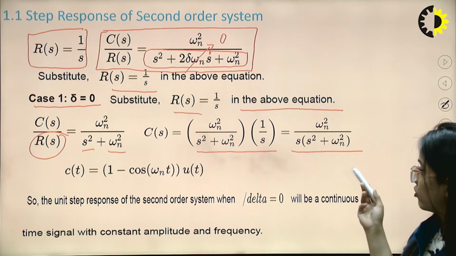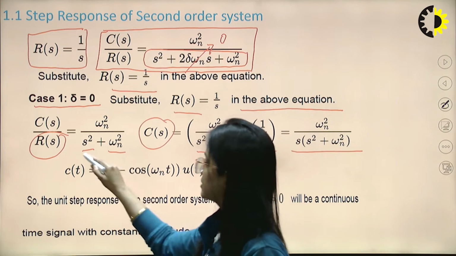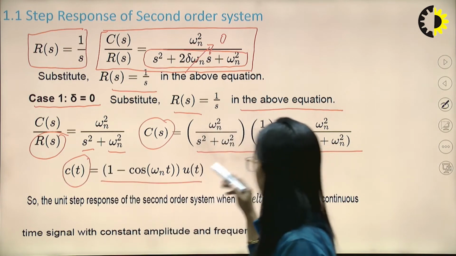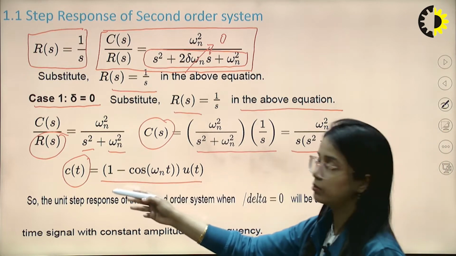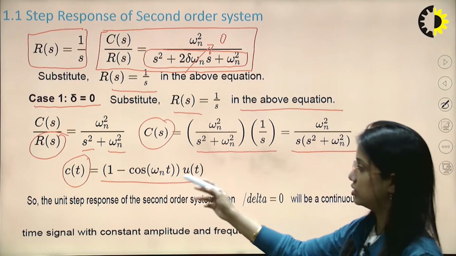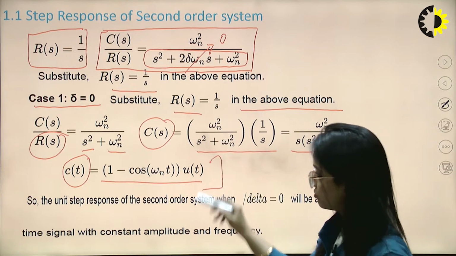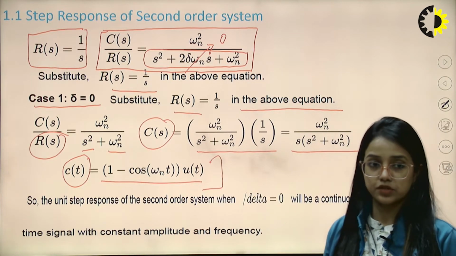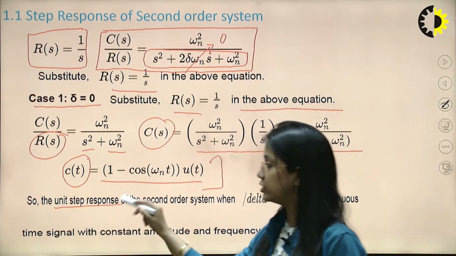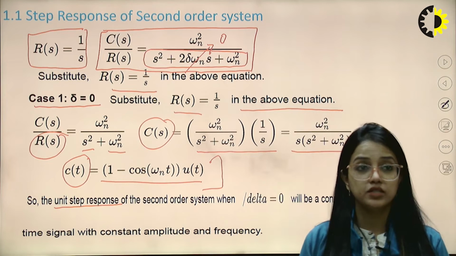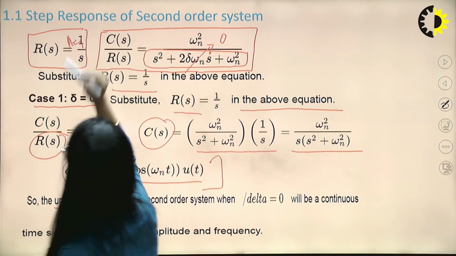Of course, when we take inverse Laplace, we can have the value of c(t). So c(t) from here is nothing but 1 minus cos omega n t u(t). So this is the step response, or more correctly we call it unit step response, because here A is 1.